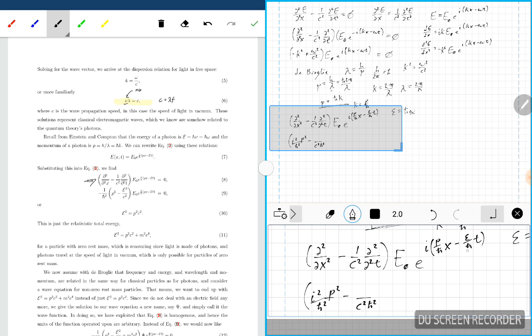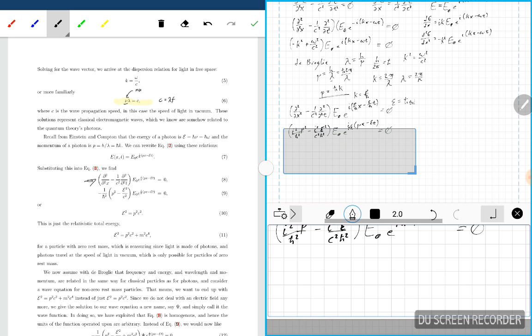I am also going to have that h bar squared. I'm going to have an i squared, and it's going to be e squared. And then we have this whole chunk again, i over h bar (px minus et). That all equals 0.